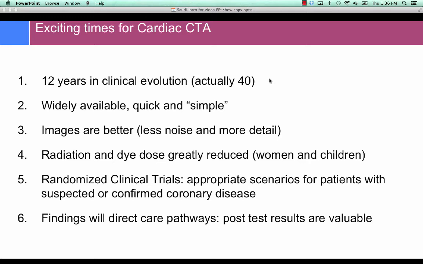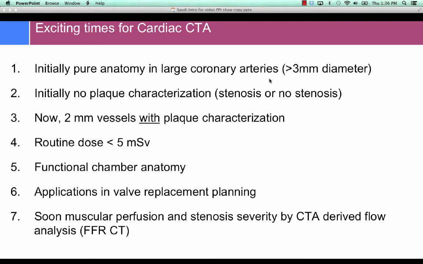And above all, it's been determined by evidence-based studies that the post-test results in properly selected patients are valuable and will actually direct care and particularly be important in establishing prognosis and the intensity of management. This was initially basically a proximal large vessel procedure, which is fortunate in a way because most of the important vessels are large vessels, or they are proximal vessels.